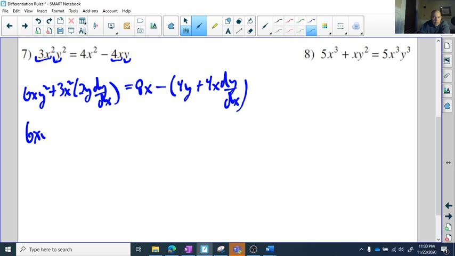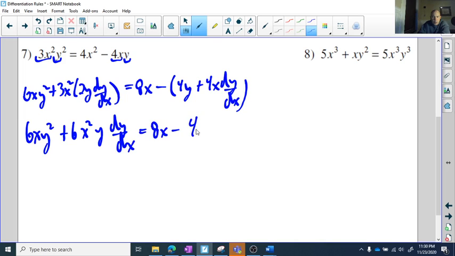Let's clean this up a little bit. So I got 6x y squared. This is all multiplied together, so 3 times 2 is 6. x squared y with the dy dx equals 8x, subtract 4y, subtract 4x dy dx. Collect the dy dx's on one side, and I'm going to factor it out at the same time.